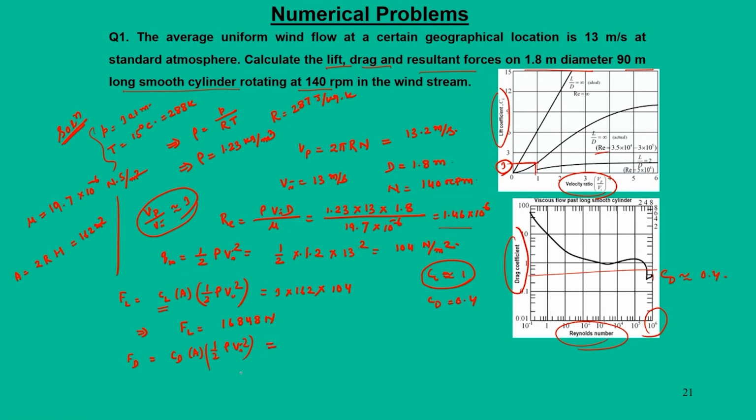So, this number now comes down to FD equal to 6739 Newton. So, resultant force F is equal to square root of FD square plus FL square, and this number is 18146 Newton, and the resultant force makes an angle phi is equal to tan inverse FD by FL, that is close to 21 degree with respect to wind direction.